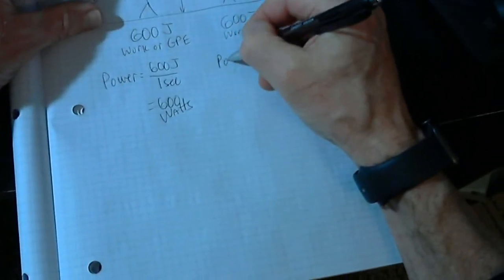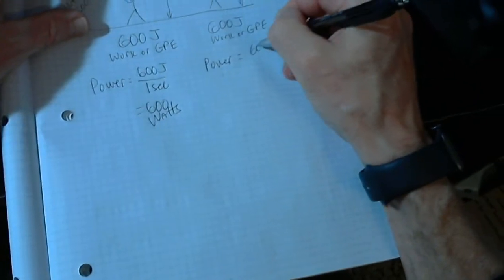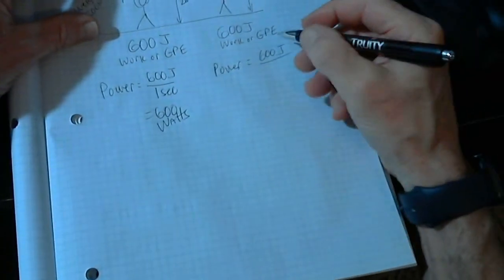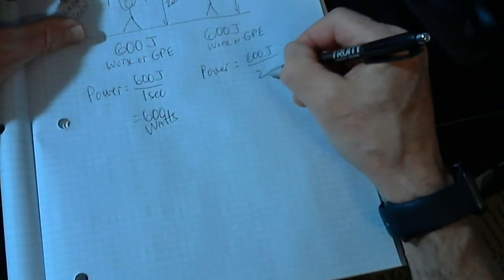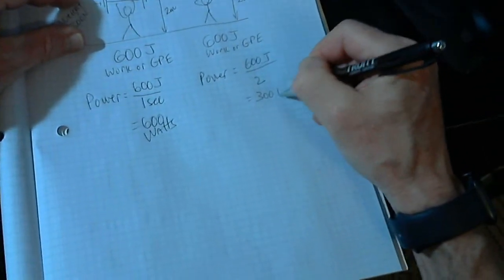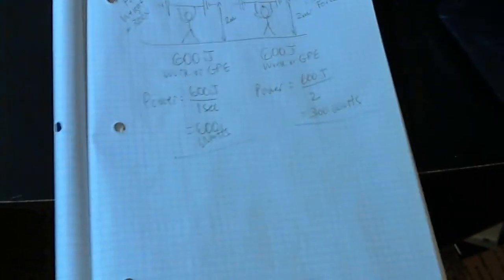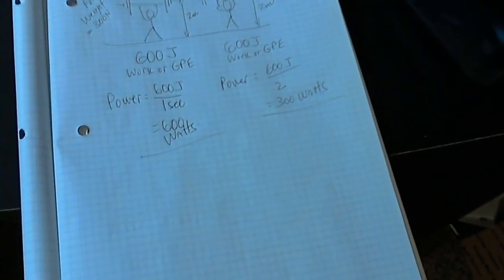My power is 600 joules over 2 seconds, or 300 watts. My brother is more powerful than I am. We can do the same amount of work, but he can do it faster.